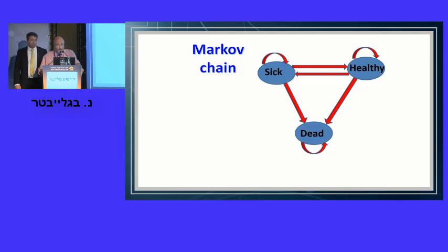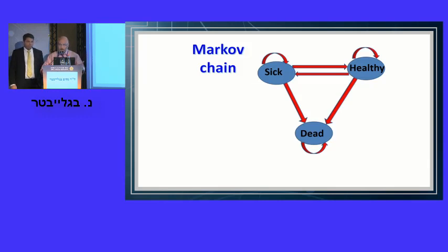The Markov chain model is an enormous tool to predict and to decide about situations which fluctuate. Because many of our situations, like in my profession, in obesity or in cancer, the patient fluctuates during time.